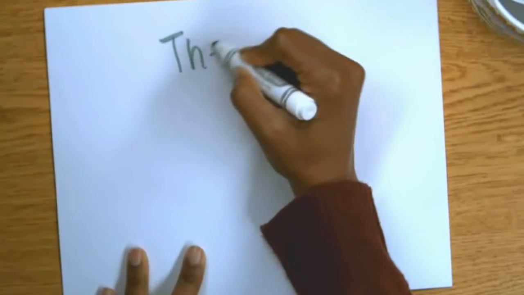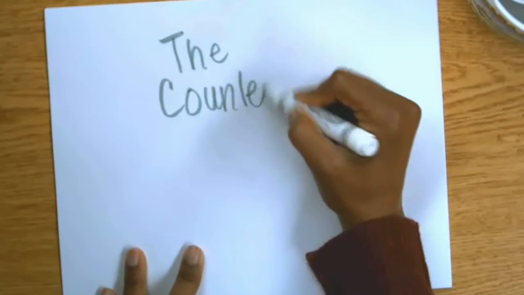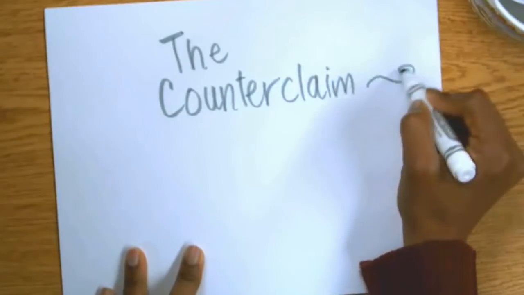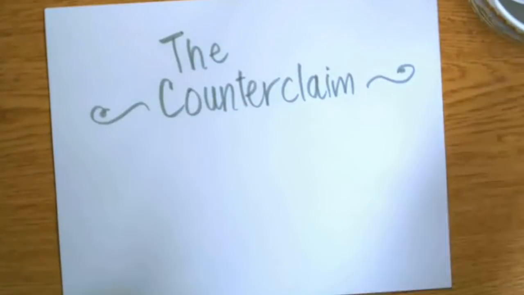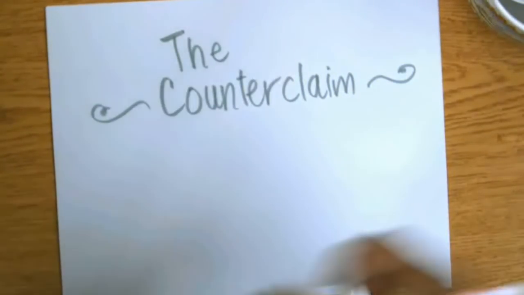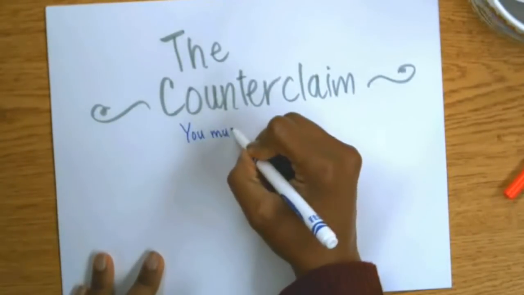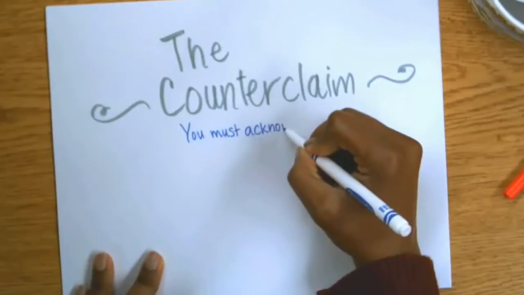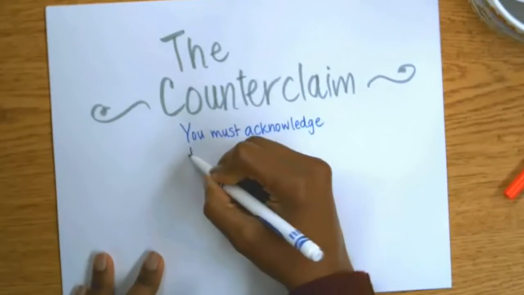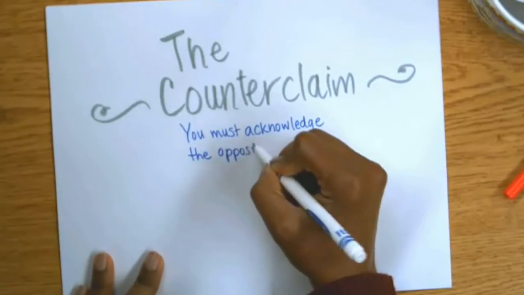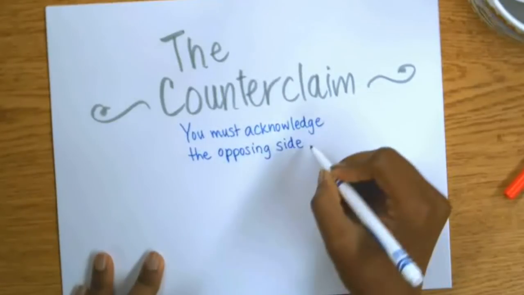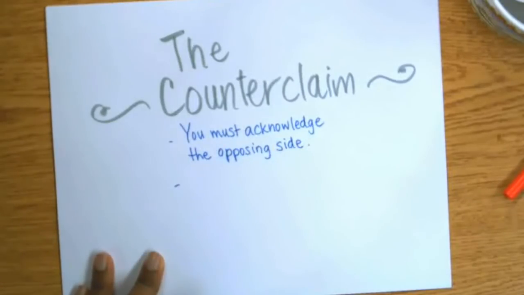So moving on, the next part of the argument is the counterclaim. The counterclaim is giving you a chance to acknowledge the opposing or the opposite side. So if you said no, then you're going to spend a tiny bit of time bringing up the yes side.